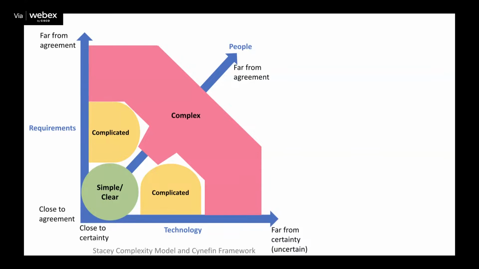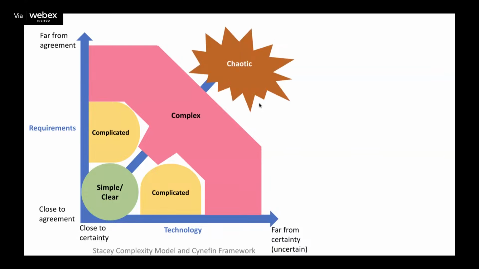And I would argue that anyone on this call who's building a product that human beings are going to use is actually solving a complex problem, because we can never figure out how human beings are going to respond to something we give them, right? We just can't do it. There's also something here where if everything is totally far from agreement or far from certainty, we're in this world of chaos.